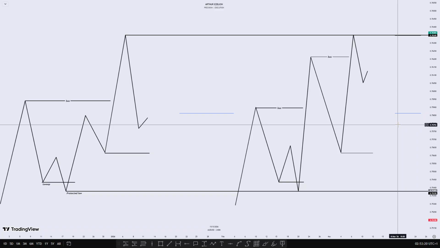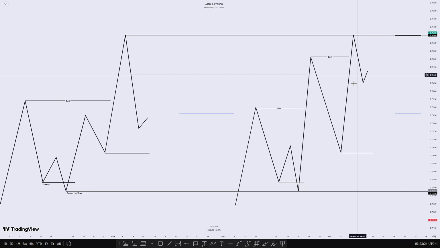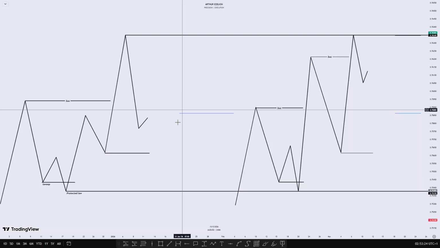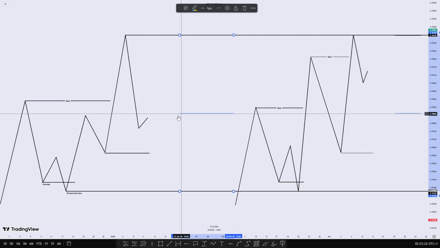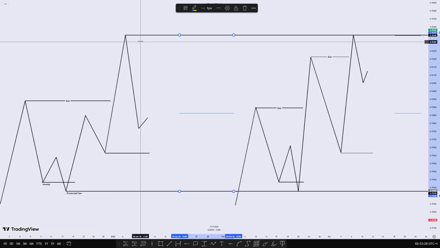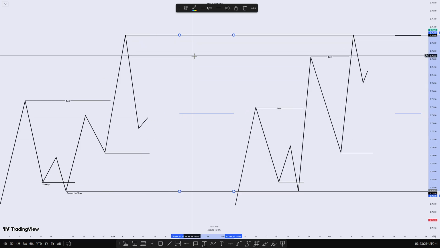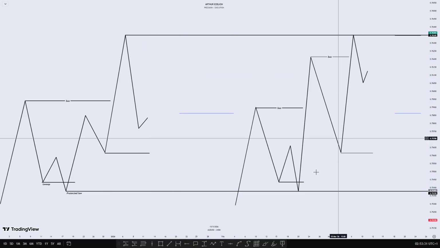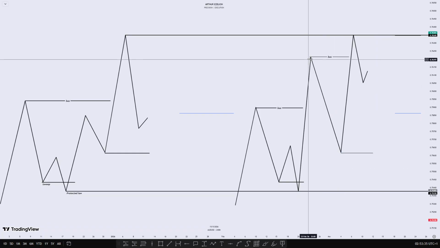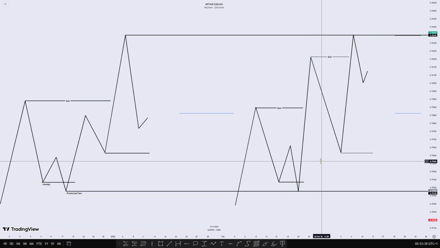Okay, let me tell you guys something. Why do I need all these criteria? I want all these criteria because I want to be sure that this range is high probability and price is going to react from it. If I decide to skip this and just mark from here to here, there's no internal liquidity.